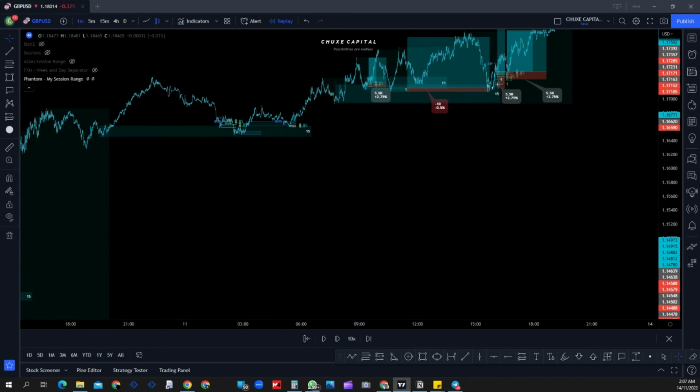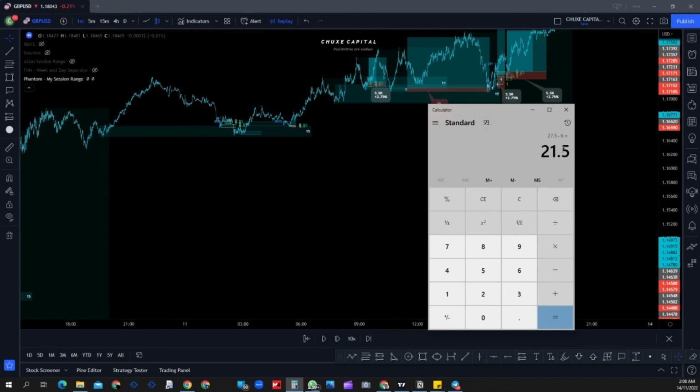Just 6 losses. So 6 losses. So that would have been this minus 6. So that would have been 21.5 R. That's what we would have gotten.